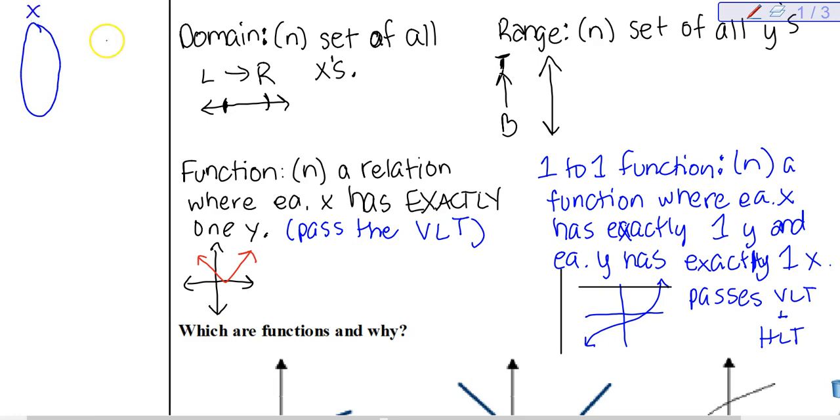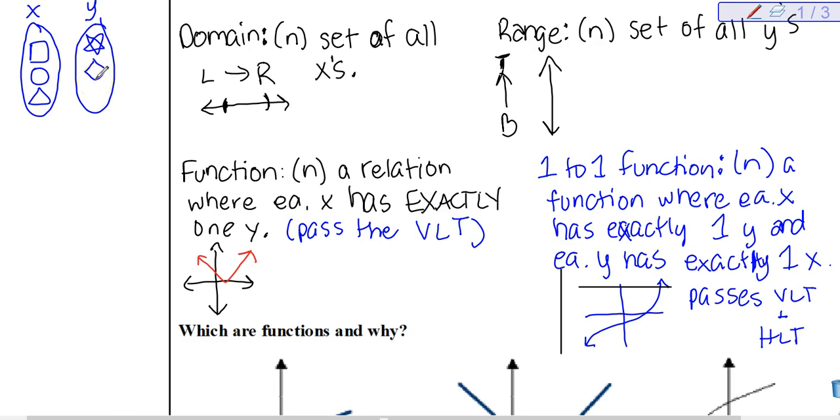So these are my set of x's, and these are my set of y's, and they have a relationship. In the x's, we have a square, and a circle, and a triangle. And over here in my y's, we have a star, and a diamond.